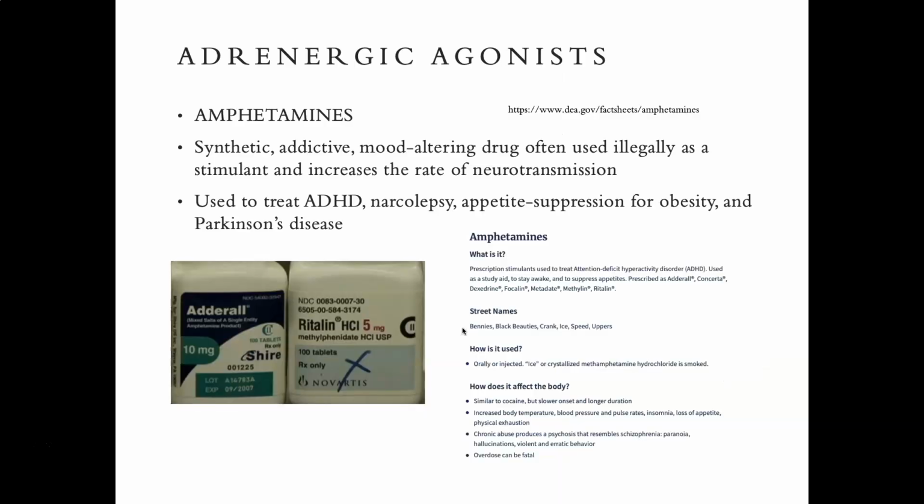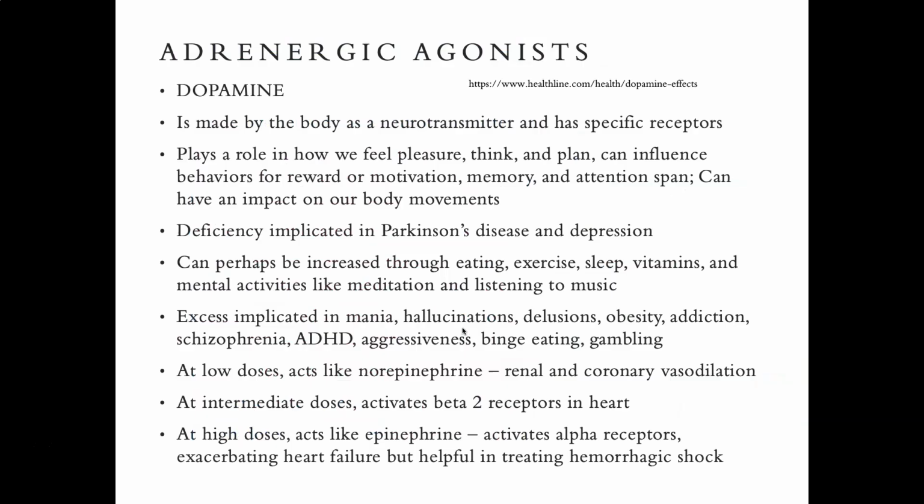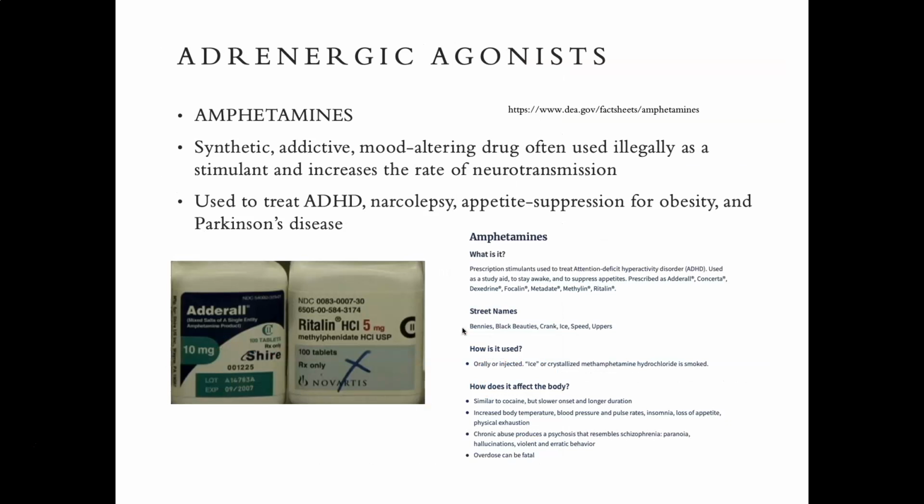Adrenergic agonists, another type. So when we're talking about adrenergic agonists, we've talked about phenylephrine, clonidine, albuterol, terbutaline, dopamine, and now we're going to talk about amphetamines. Amphetamines are a stimulant. They are a synthetic, addictive, mood-altering drug that is often used illegally.